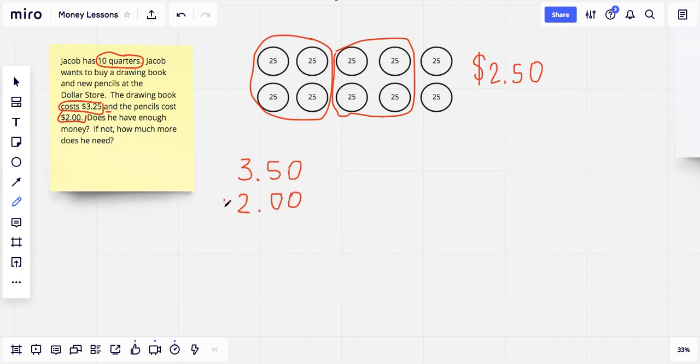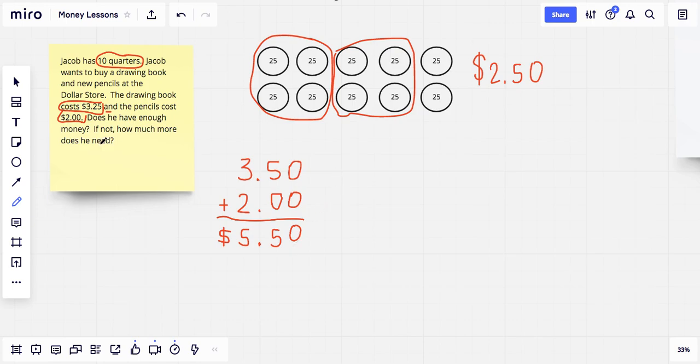So I'm going to take the two values here, because if he was to go to a store, they would add up the values of the items and say, this is how much you owe. 0 plus 0. 5 plus 0 is 5. Decimal. 3 plus 2 is 5. So if Jacob wants these two items, he is going to need $5.50.